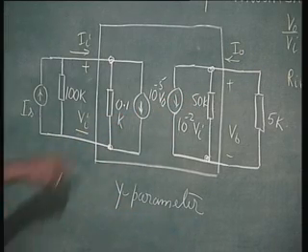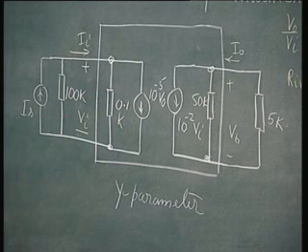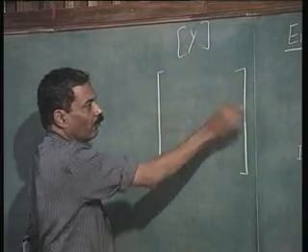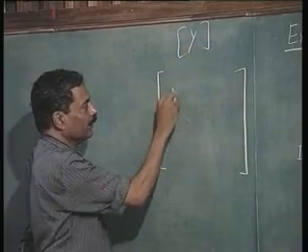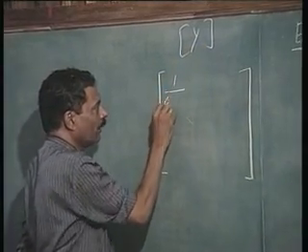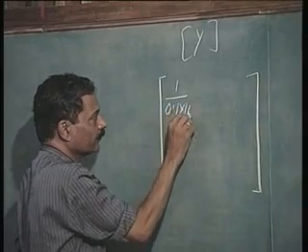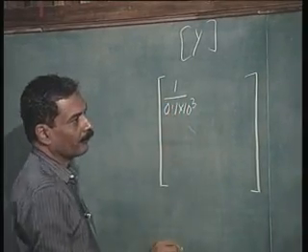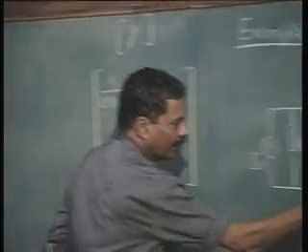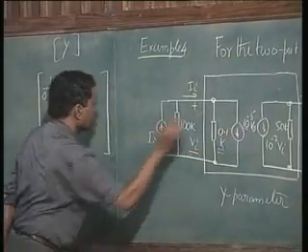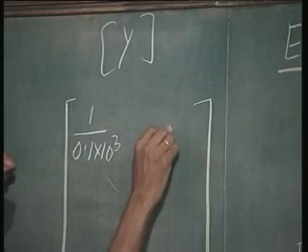So obviously I have to now put down the Y matrix for this network as this is the Y matrix. Yi is going to be 1 over 0.1K. YR, this is YI, YR is 10 to power minus 5.